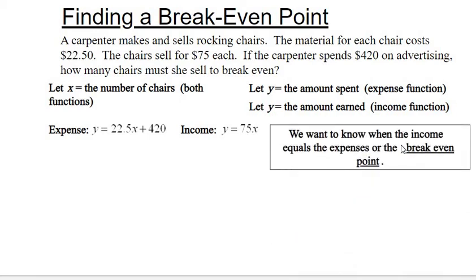Now we want to know when the income equals the expense, so when I will start getting a profit from my project. When I reach the break-even point, I find the intersection of the income line and the expenses line. So this is a two-equation system.